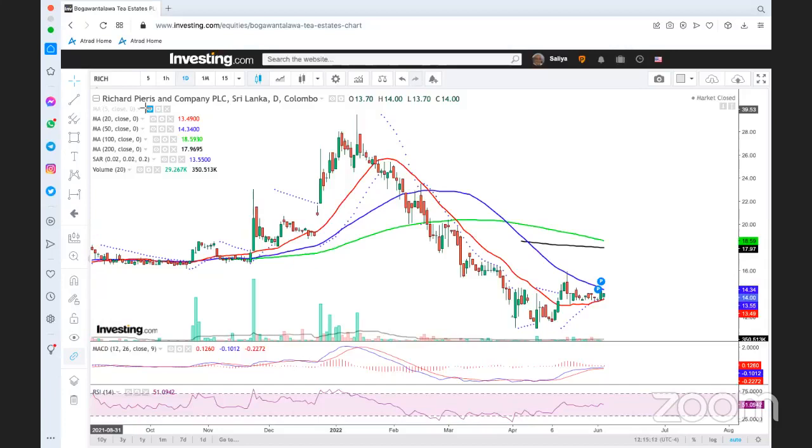Still in the early stages of the uptrend and consolidating. So we looked at, apart from the 15 or so counters that I covered, now we have added a little over 20 counters. But you can see that when you are shortlisting, downsizing the whole list, you got only 2 counters, LIOC and the Balangoda plantation.